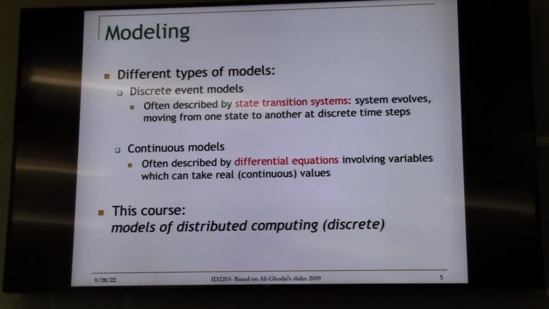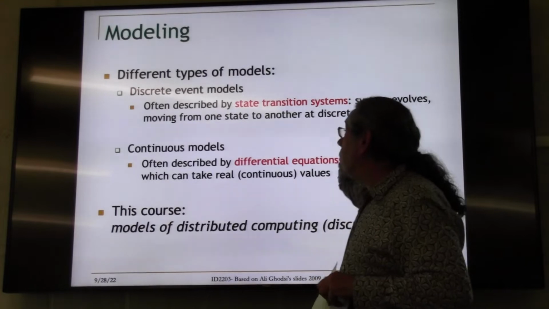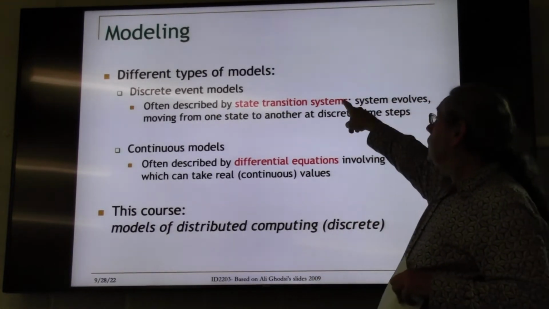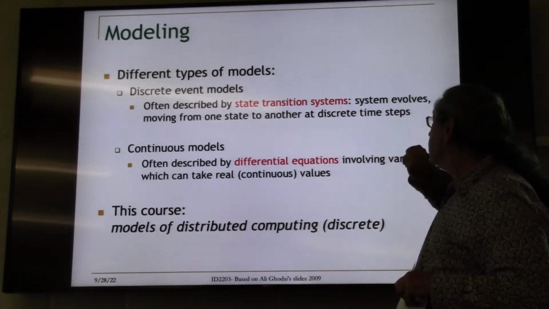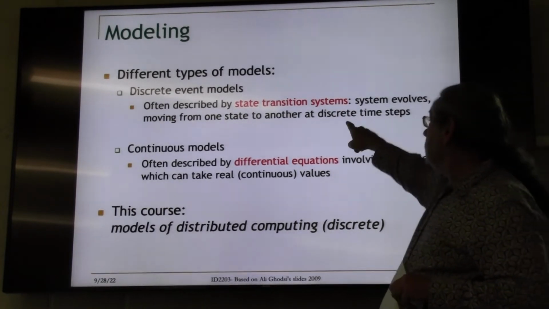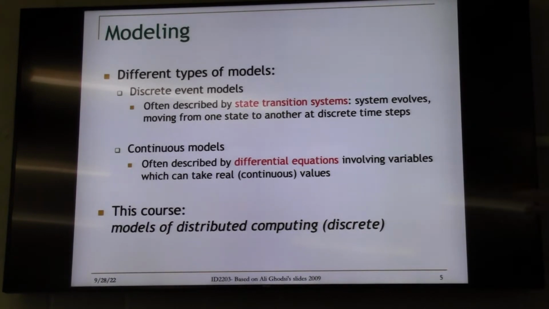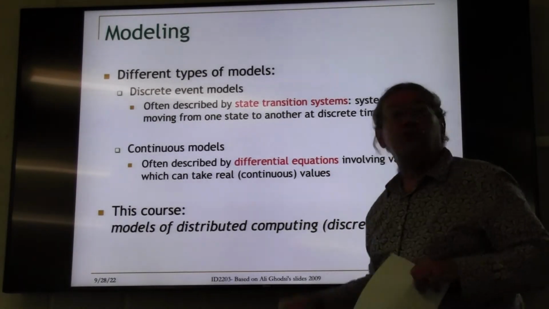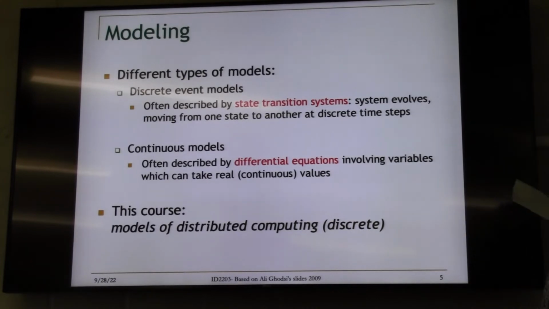And in engineering, there are 2 important kinds of models. There are the discrete and the continuous ones. The discrete ones, where the system obeys a discrete law. Transition systems, for example, discrete time steps, it switches from one state to the next. In a continuous model, usually you have differential equations, which I'm sure you understand very well.